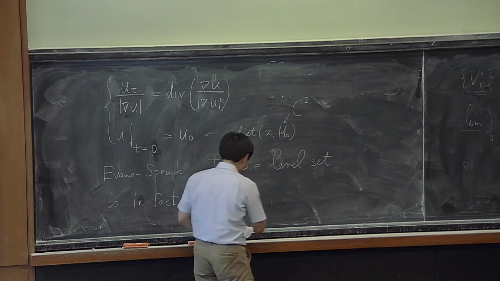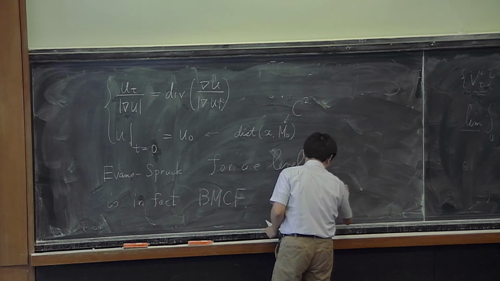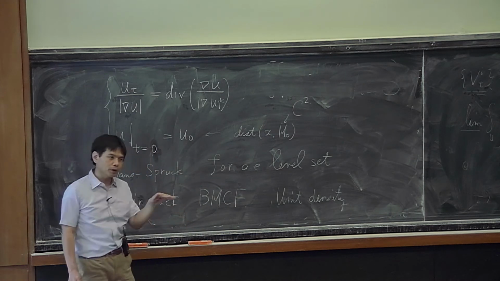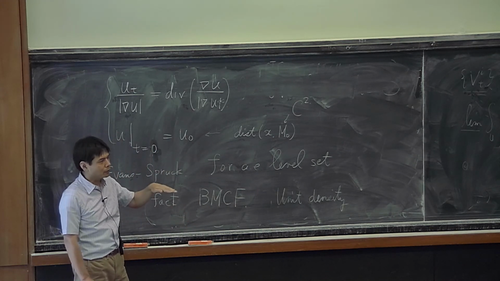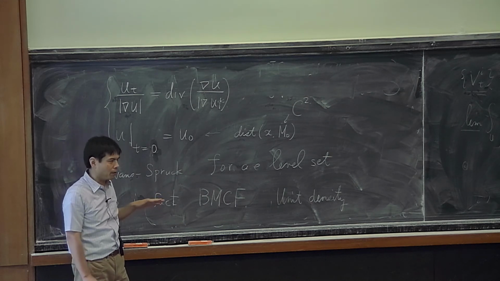So this is good, and also the other thing is this is actually unit density too. Unit density Brakke mean curvature flow, just because you see it's defined as a level set, so naturally its density is equal to 1 almost everywhere.